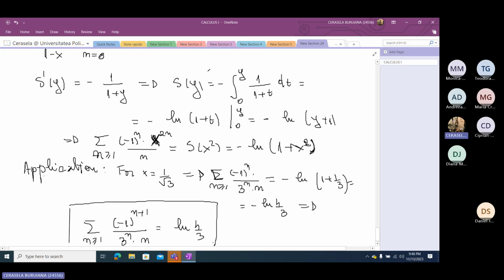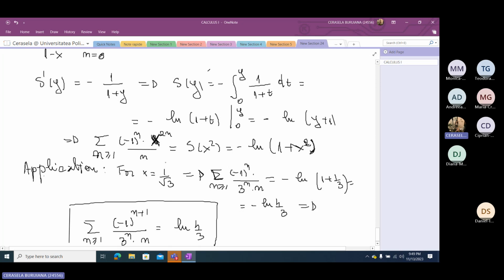I managed to answer your question. Yeah, for instance, let's say you have this exercise I solved with you at the exam. Let's say that's the first part, the point A. At the point B, I can ask you, for instance, to compute the sum of the series of general term minus 1 power n plus 1 over 3 power n times n.